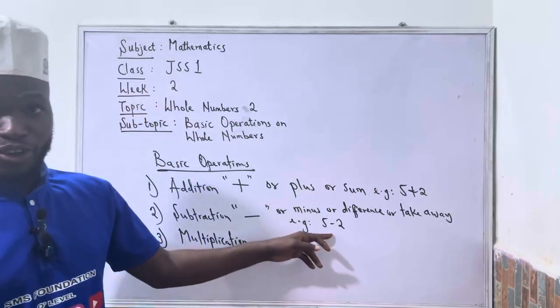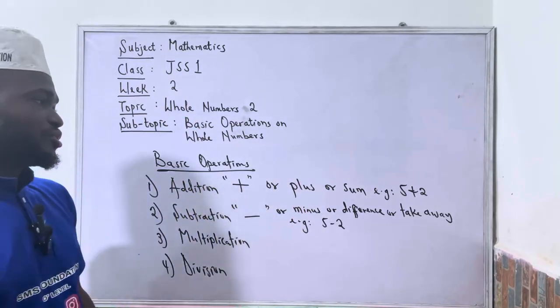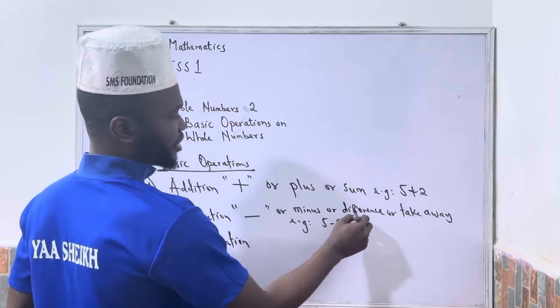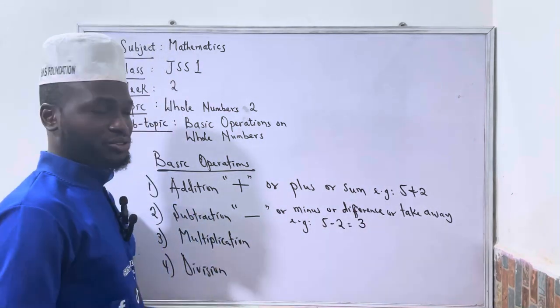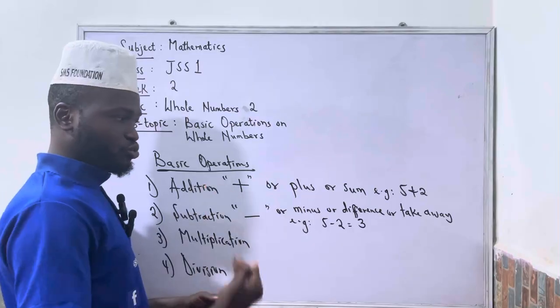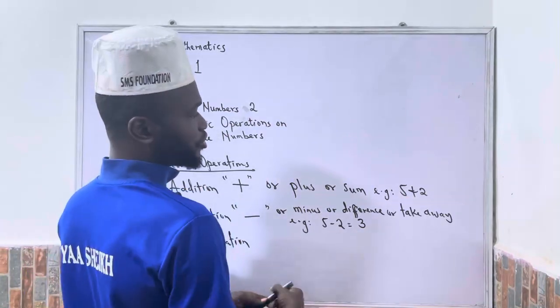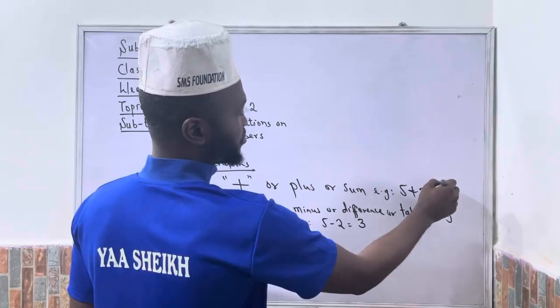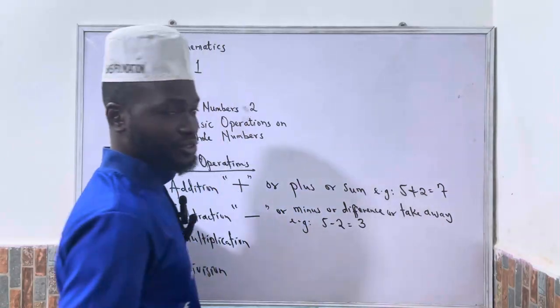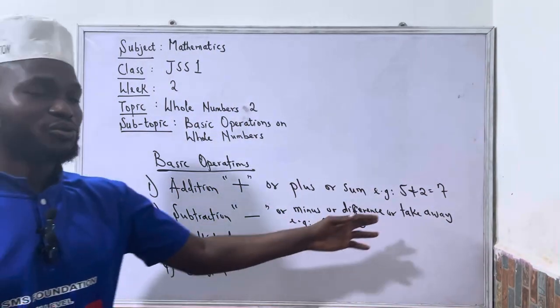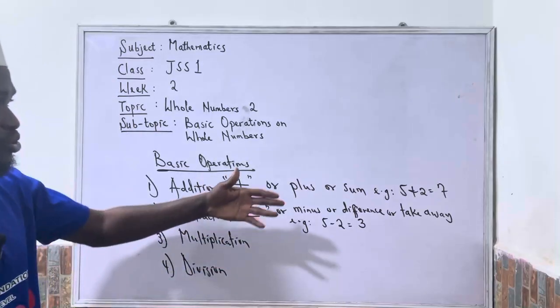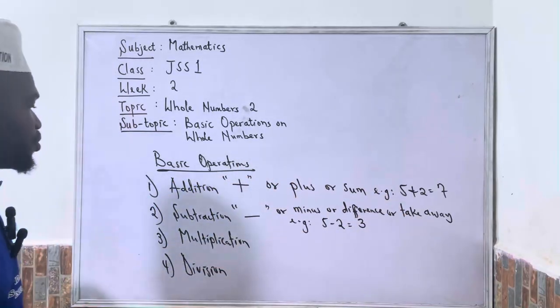That's the meaning of subtraction. If I do that, the answer here will be 3, if I take away 2 from 5. But the answer for 5 plus 2 will simply give me 7. That's what it means. In the next video, I'm going to explain more on each one of them.